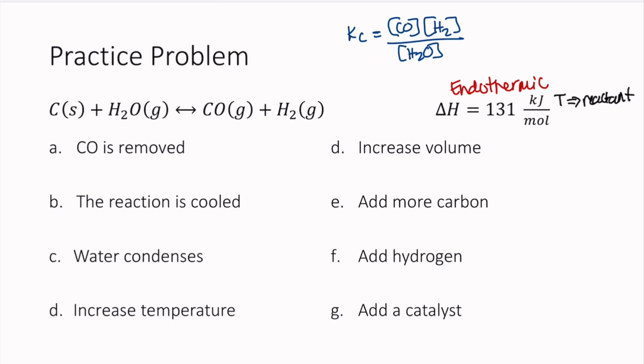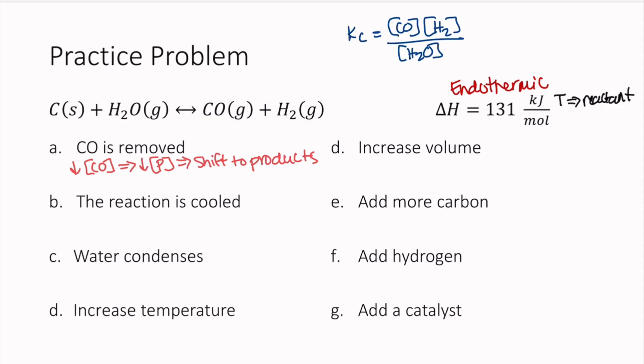So if we decrease the concentration of carbon monoxide, it means we are decreasing the concentration of our products, and we should see a shift to the products. I think I started moving on to the next one too quickly in my head.